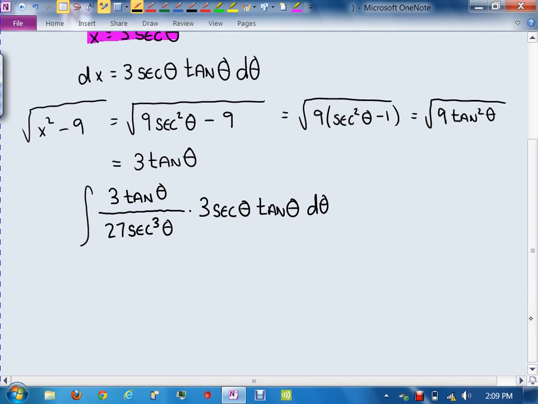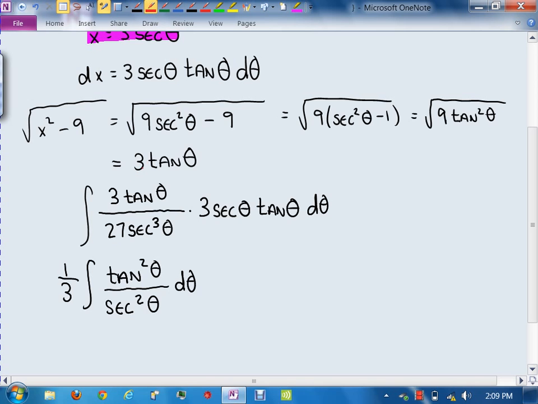You get some canceling, right? Not much, though. I think we get a 1/3 to come out, because we get a 9 on top and a 27 on the bottom, constant-wise. Then we get a tangent squared theta, and on the bottom, what do we get? Secant squared theta?